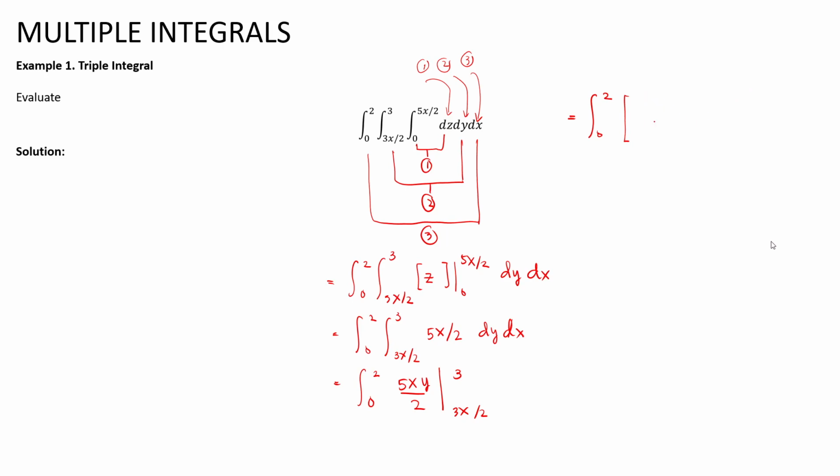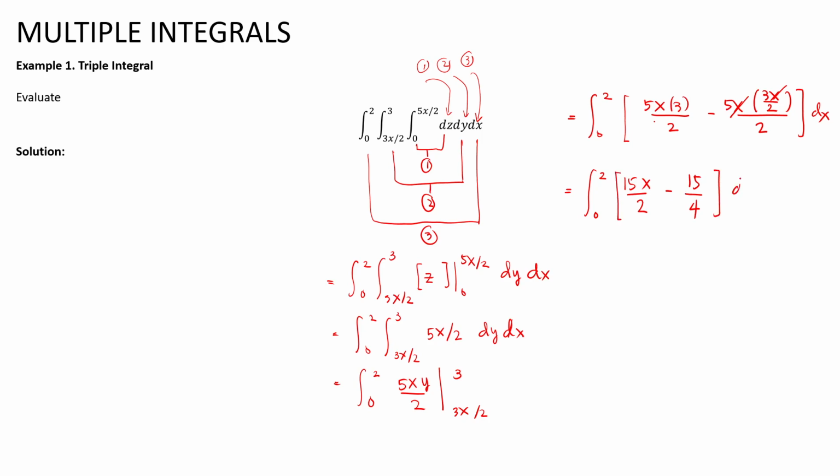So that's wrong there, guys. We are integrating with respect to y. So 5x times 3 over 2, then minus 5x times 3x over 2 all over 2. So cancel out x. Then this is now dx. From 0 to 2, this gives us 15x over 2 minus 15 over 4, and then dx.